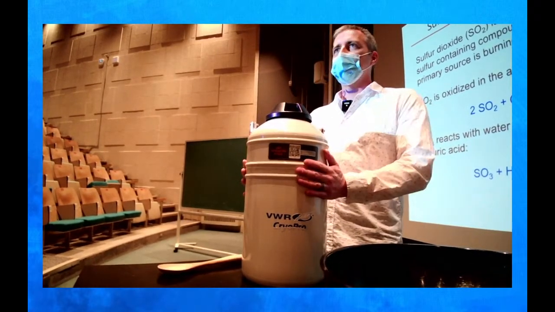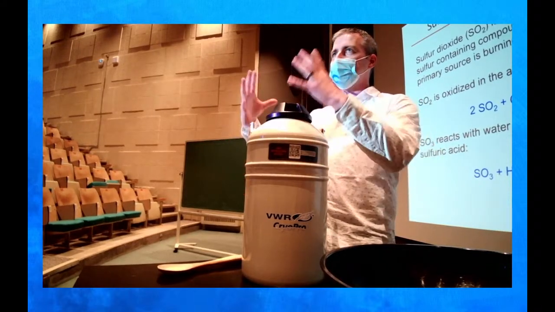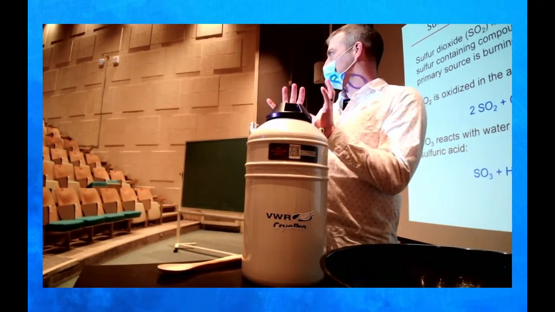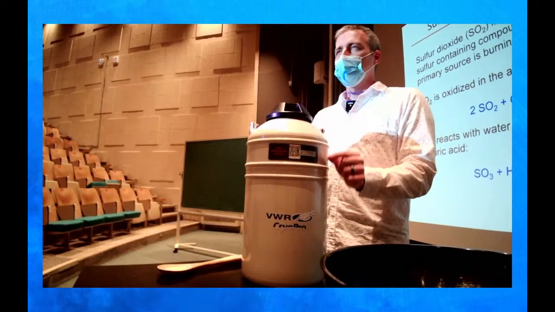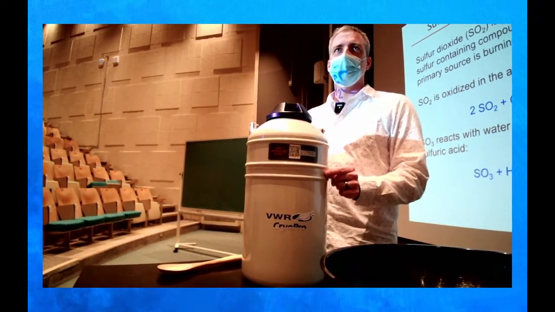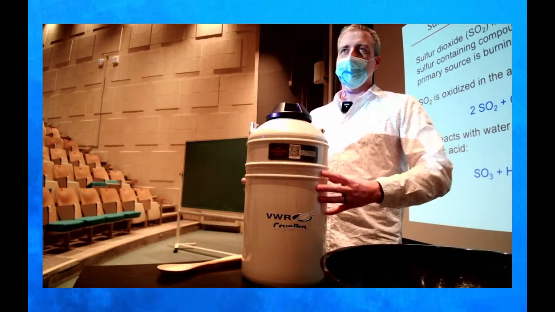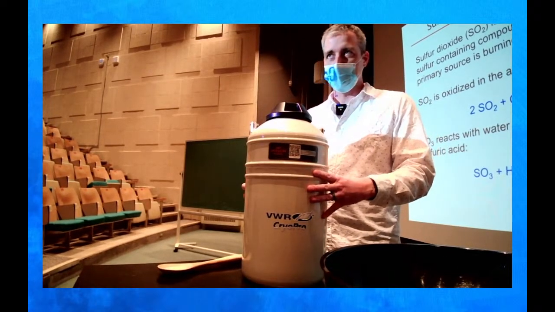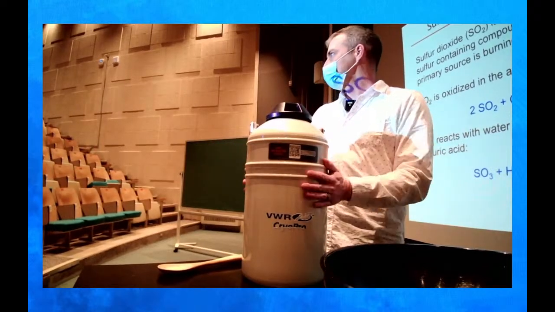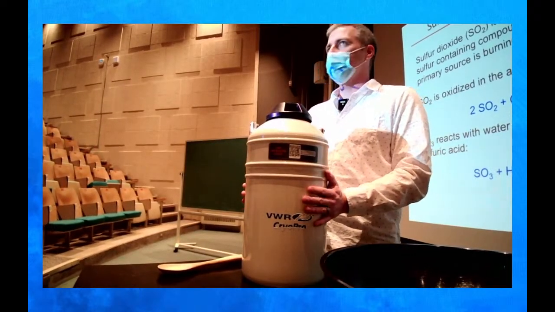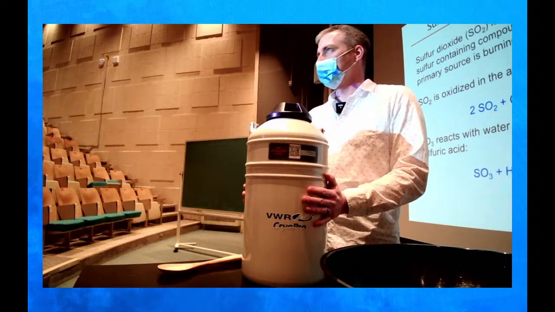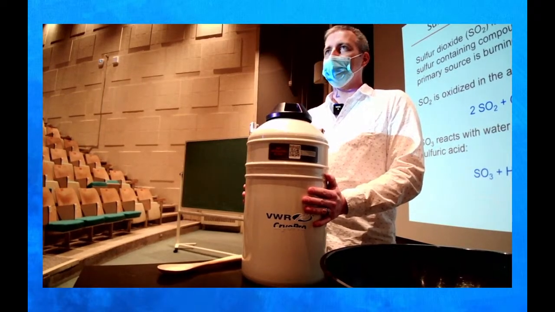It's made out of stainless steel, and inside it has a second container of stainless steel with a vacuum in between the two layers. By having this vacuum layer, it makes it really difficult for heat to enter into this container or for heat to leave. So it works like a thermos. If you put something cold inside, it stays cold. If you put something hot inside, it'll stay hot.